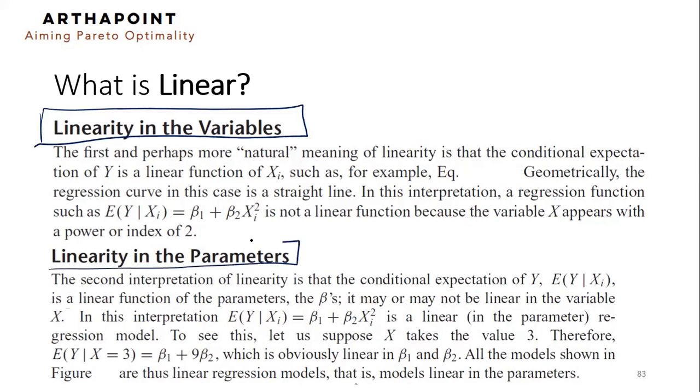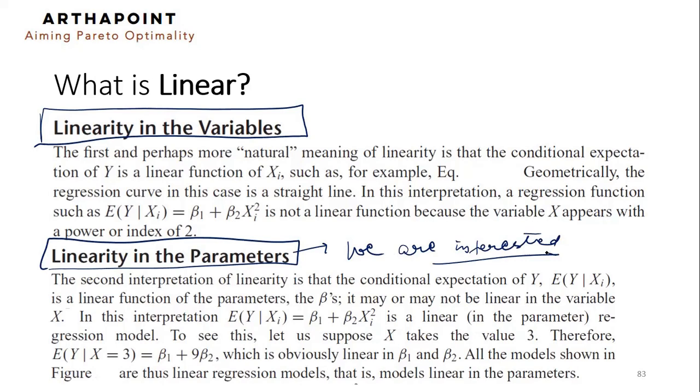Linearity in parameters is something we are interested in. Even if we are not linear in variables, we are fine. We want to be linear in parameters. So linearity in parameters is when your beta 1 and beta 2 factors are linear.